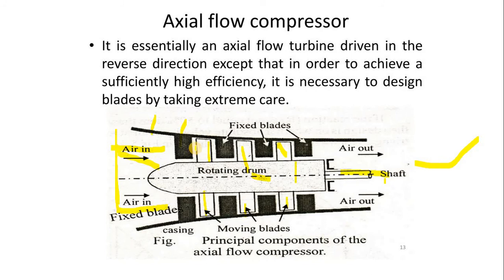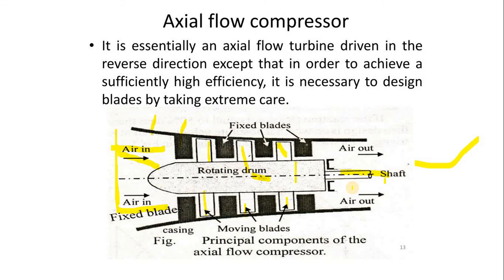Okay, and it creates a vortex action, and it creates tremendous high pressure, and finally the high pressure air moves out when the air continuously passes through the alternate arrangement of fixed blades and moving blades. So the main interesting question is how the air gets sucked, and in which way the pressure increases at the end. The answer is very simple. When the drum rotates along with its rotor blades, it creates a suction through the frontal line, and air comes inside.